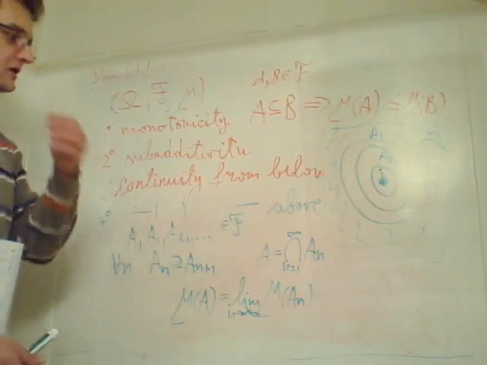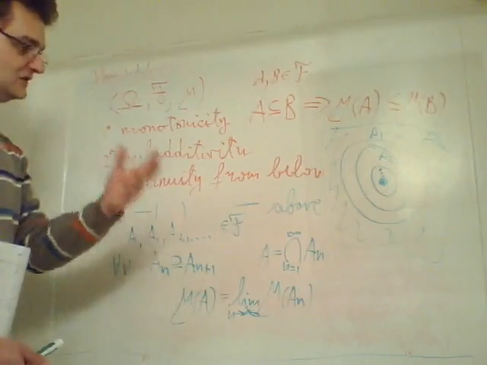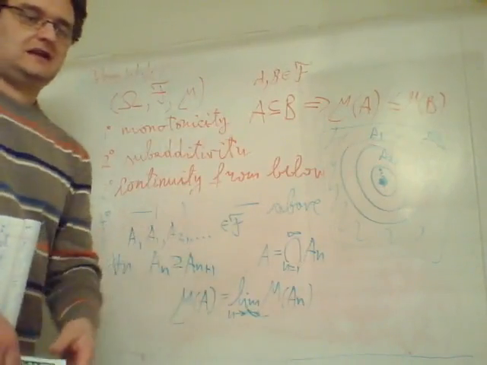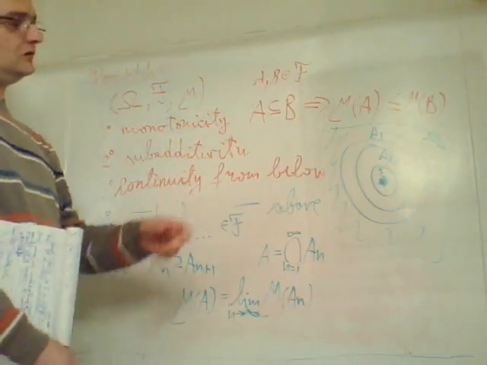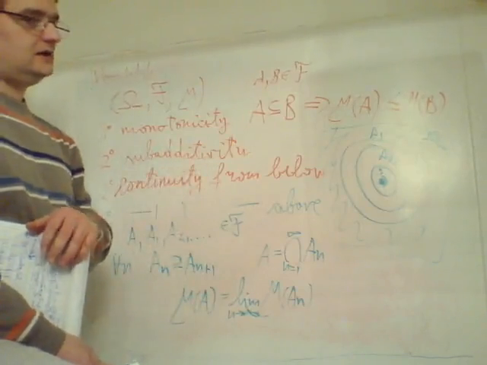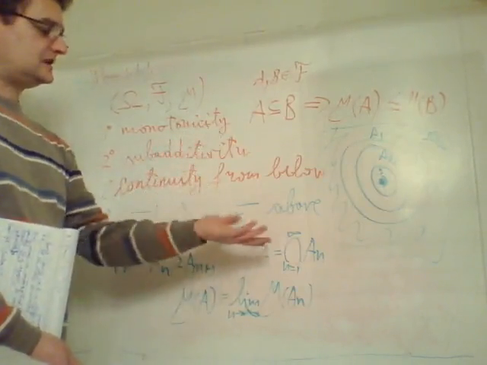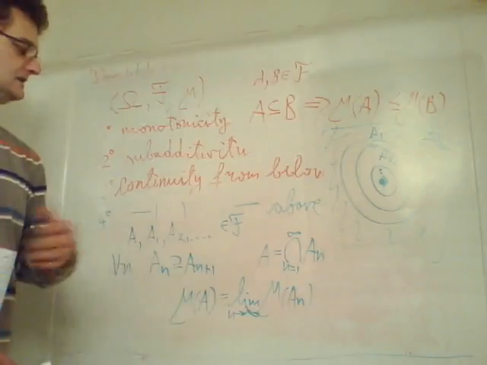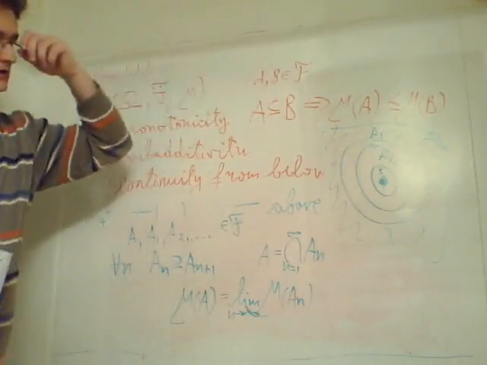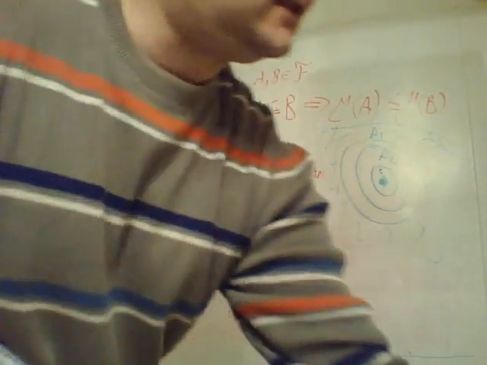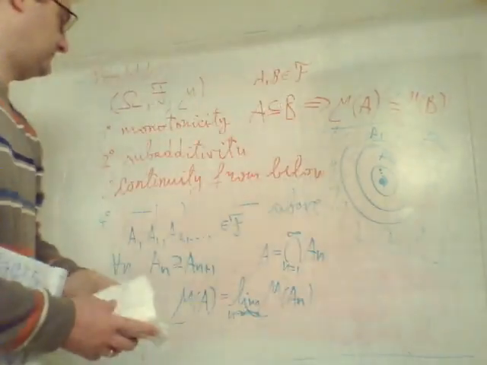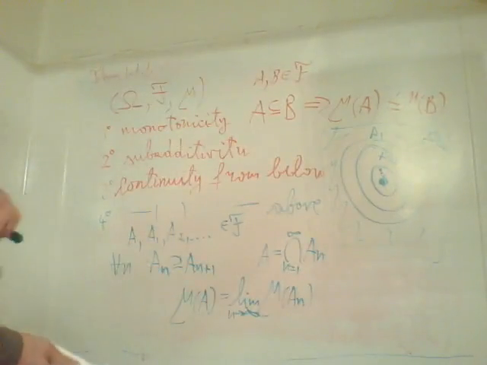By De Morgan's laws, the union of all An complements is actually the complement of the intersection of An's. You can just fill in the details to show that this is true.